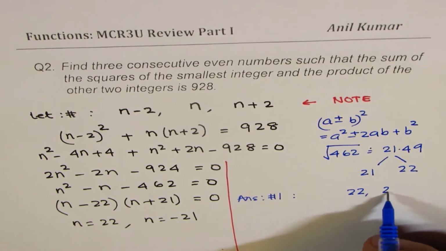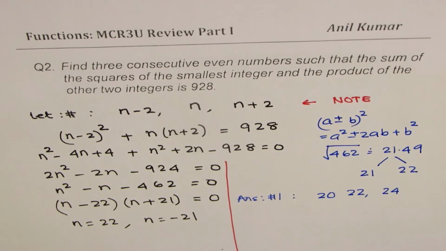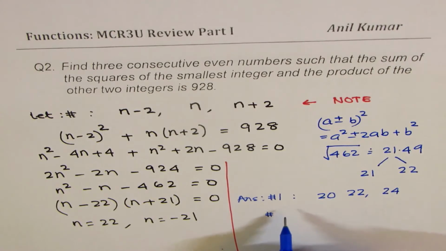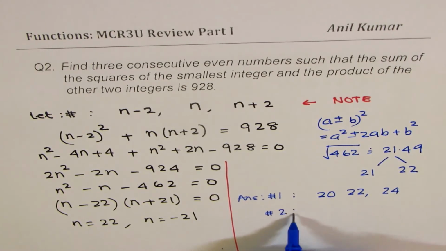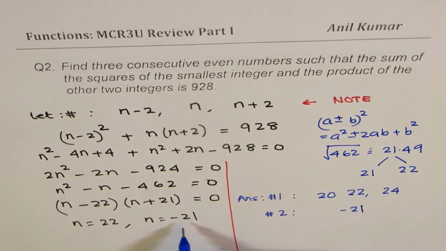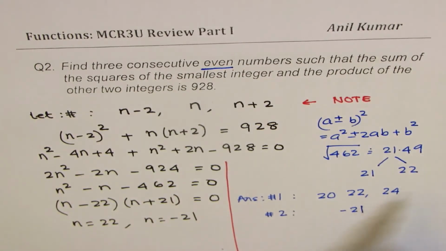2 more is 24 and 2 less is 20, correct? This is one combination. If I use the other value, which is minus 21, then what do we get? Minus 21, which is not even, right? So we are looking for even numbers, right?